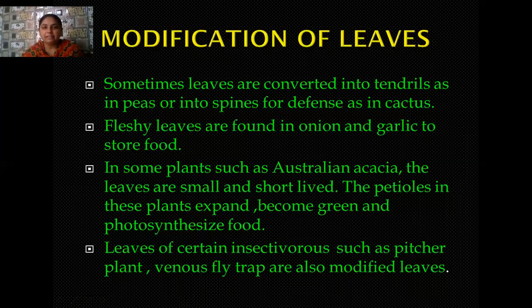Venus flytrap is another example of an insectivorous plant. All of these plants have modified leaves with particular characteristic shapes. In the pitcher plant, or Nepenthes, we have pitcher-like leaves, and these confuse the insects that sit over the leaves. In this way, the insects get trapped in the pitcher-shaped leaves and are later digested by the plant. Here they help the plant capture food in the form of insects.